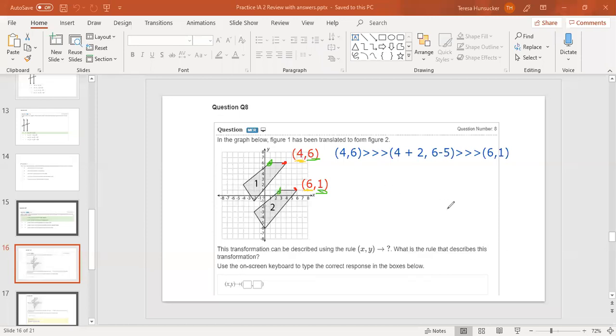The point in figure 1 is at 1, 6. The point in figure 2 is at 3, 1.